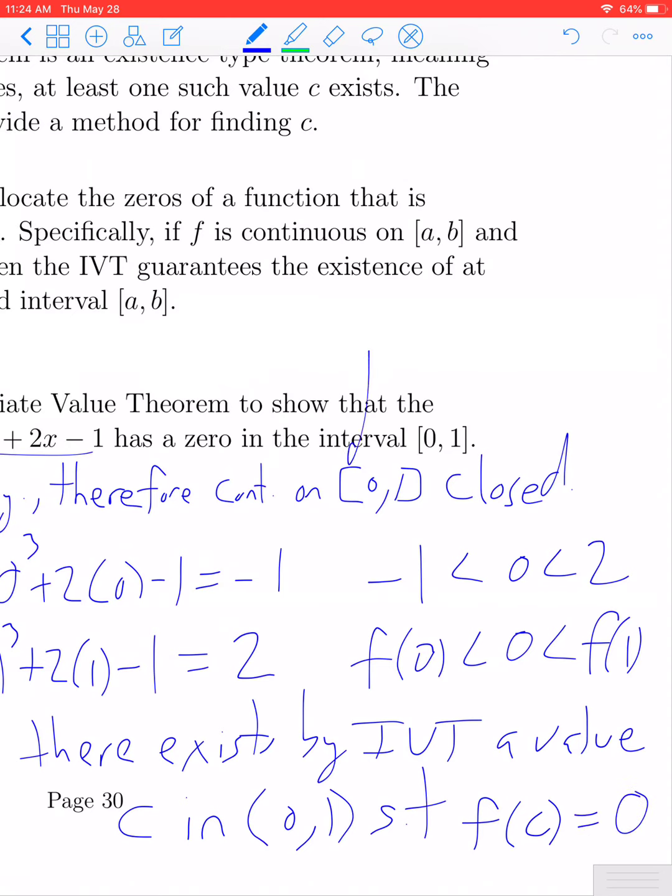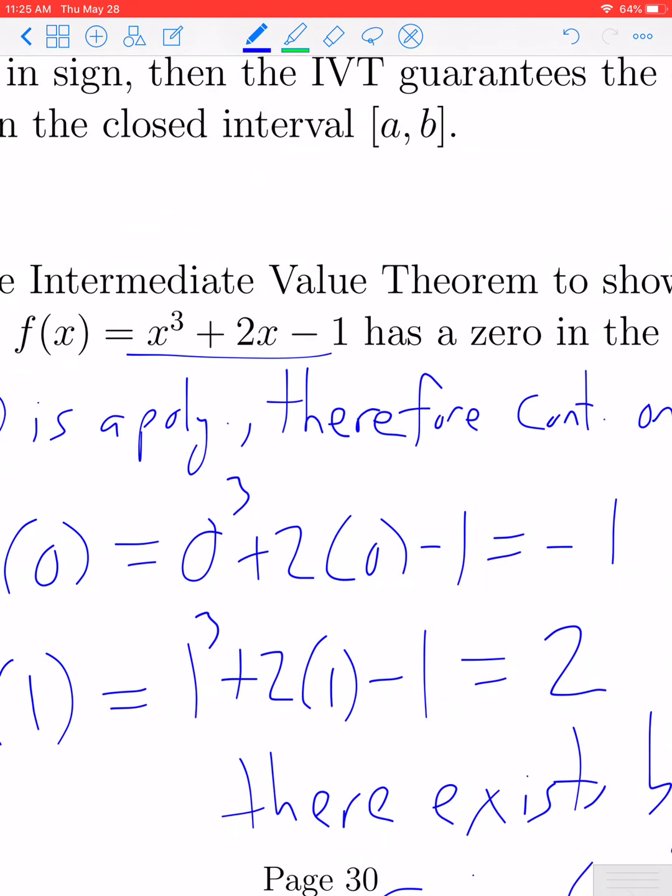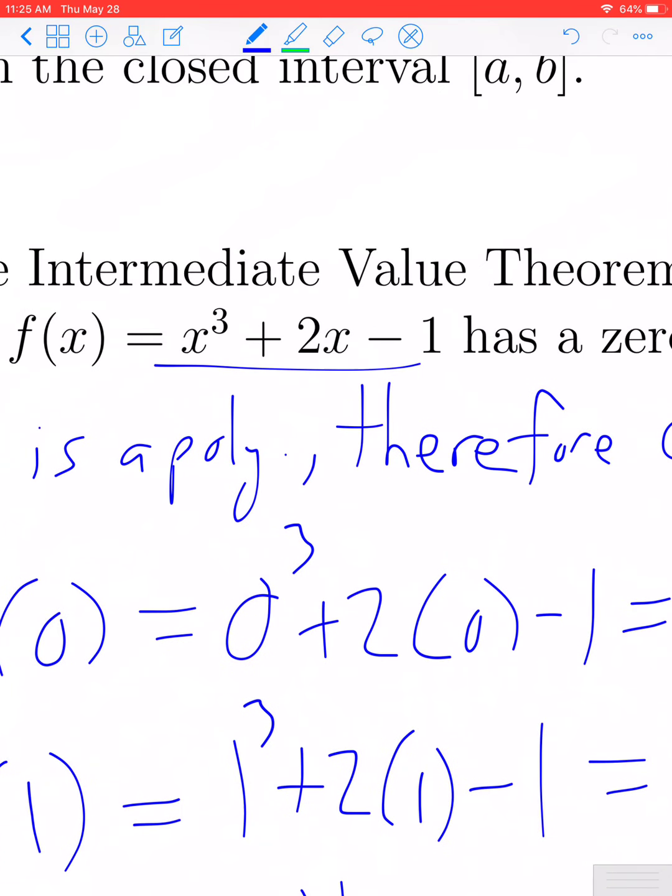So at the left endpoint, the function was negative. At the right endpoint, the function was positive. It went from negative to positive. The only way that you can go from negative to positive, if you have a continuous function, is that at some point you would have to pass through 0. And that's nice because now we know that this function does have a 0 in between 0 and 1.